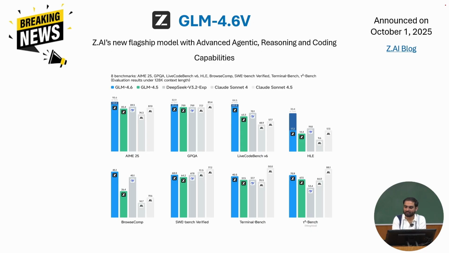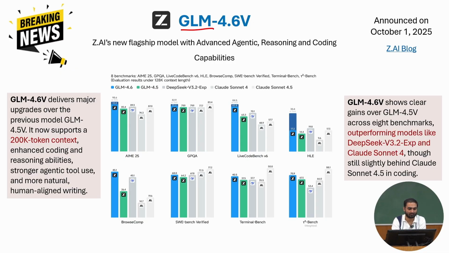So before that, this is today's breaking news. Some of you may know this model called GLM, right? This is another open source model, right, by Z.ai. This is a company, right?